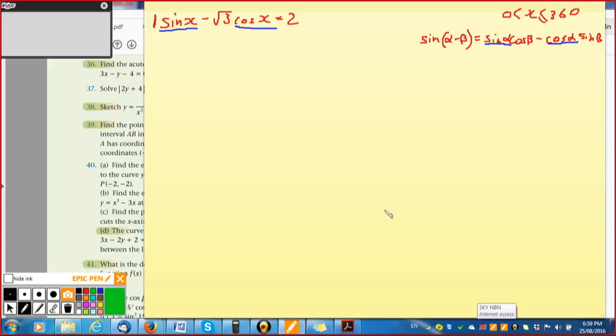And we want to make that bit equal to that bit and that bit equal to that bit. Does that make sense? Yeah. Cool.